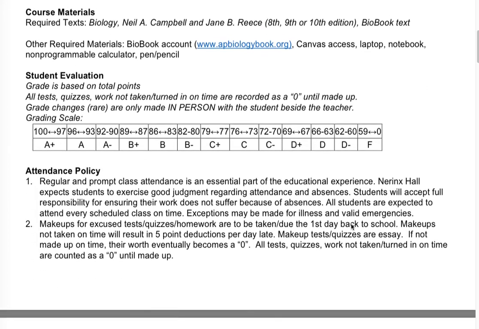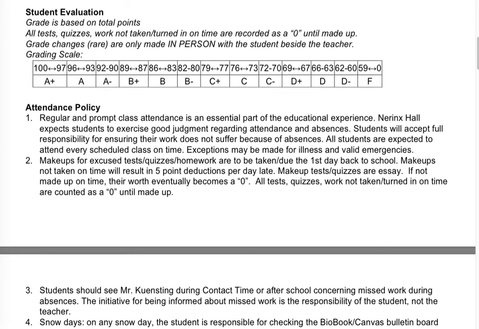Your grade will be based on total points. The way your grade is worked up, PowerSchool right now is set up for 90, 80, 70, 60. But we're a little different in AP Bio. This is the official PowerSchool grading scale right here.